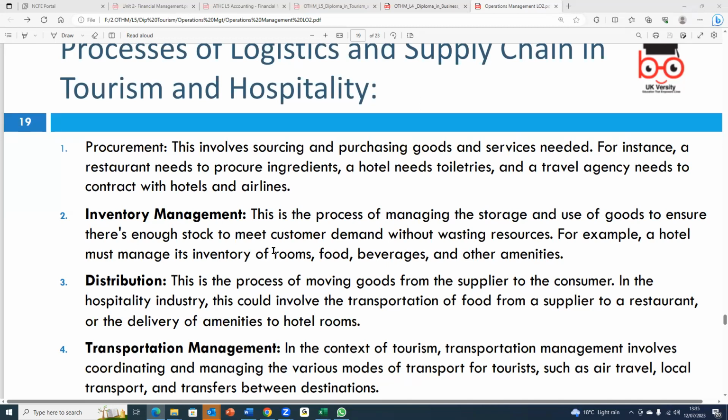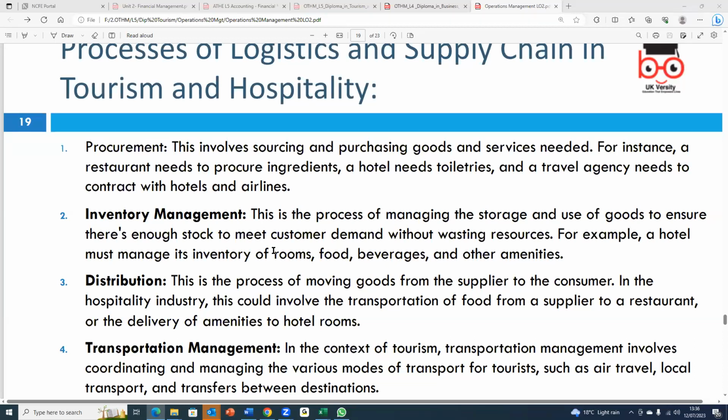Or it might go out of date. For example, if you're holding food or beverages or drinks, they might go out of taste. So you want to hold a particular stock for a particular time. You want to make sure that the stock is held of the right quantity and without wasting, okay? Because it will cost you.